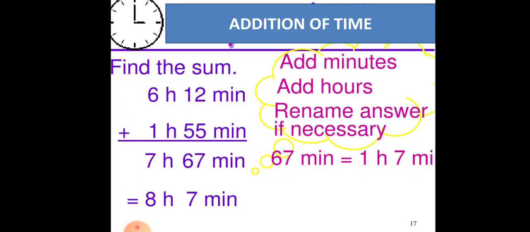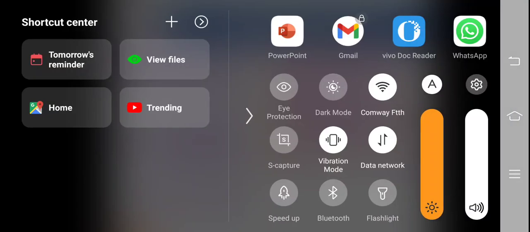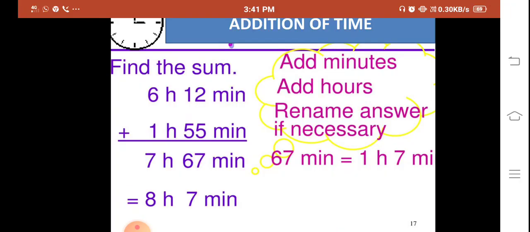Addition of time. Find the sum. 6 hours 12 minutes, 1 hour 55 minutes. That means add minutes and hours. If you see 6 hours 12 minutes is added with 1 hour 55 minutes, we get 7 hours 67 minutes.